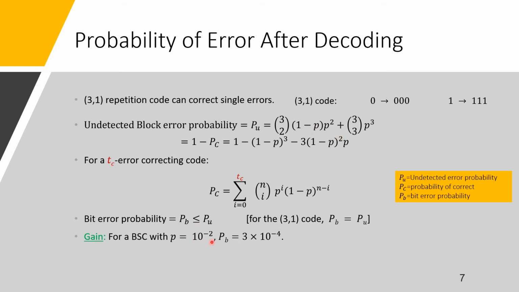This can change from one channel to another. For this number, it went from 1% to 3 out of 10,000. So this is the gain that we made by repetition in terms of accuracy. Of course, the cost is we have expansion in bandwidth requirement or reduction in the data rate by 1/3. So this is not a very good code because the cost is high.